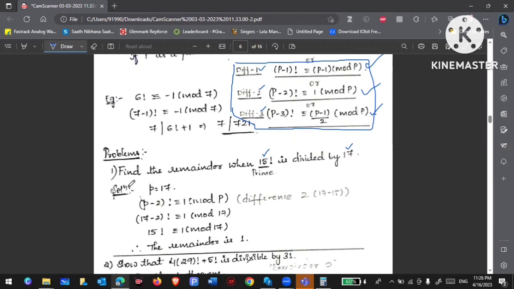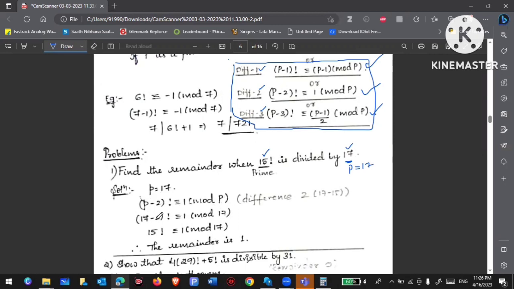Let us write the solution here. Here p is equal to 17. So the formula, when the difference is 2, is (p minus 2) factorial congruent to 1 mod p. We know the value of p as 17. So (17 minus 2) factorial congruent to 1 mod 17.